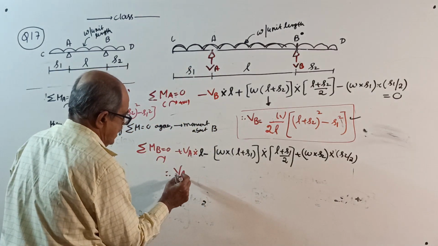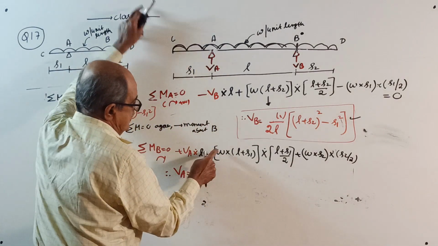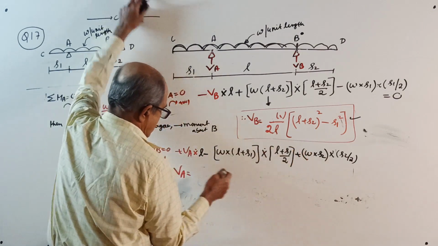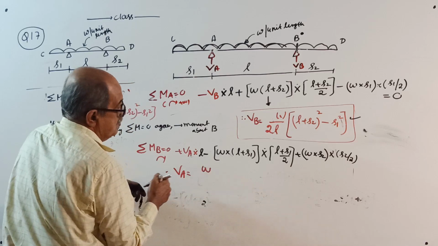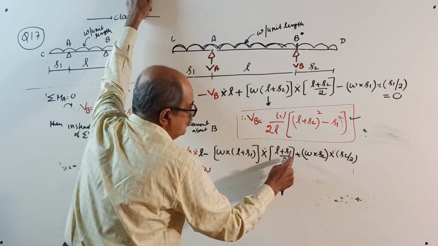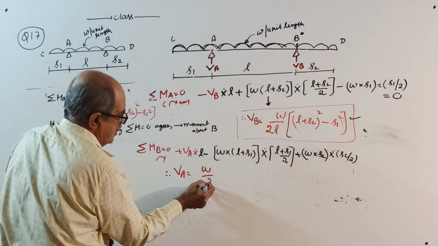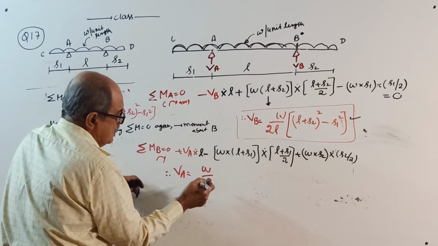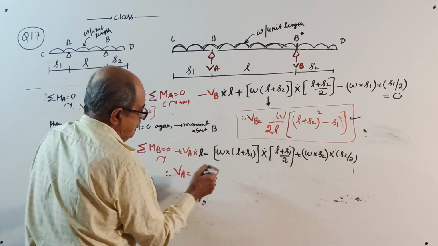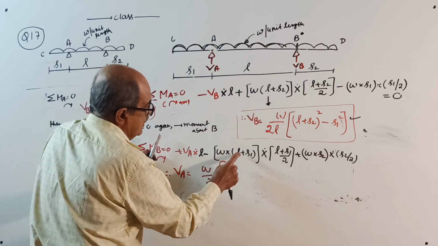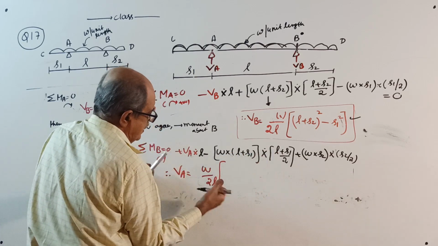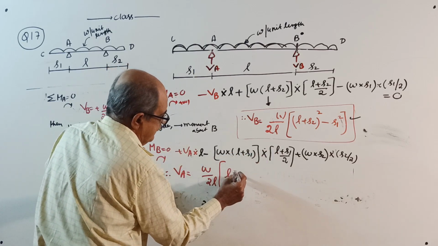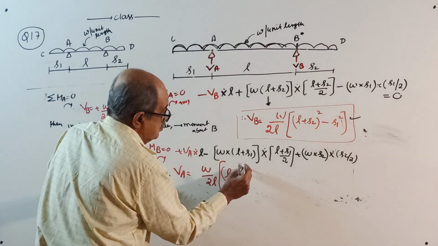Therefore, your VA will come. See here, W by 2 common, and it is VA into L. When you take that side, 1 by L common times L plus S1 whole square.